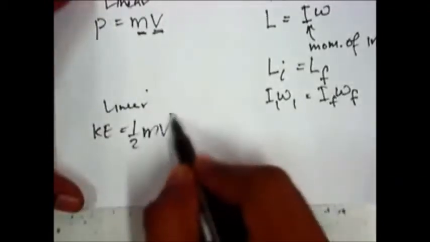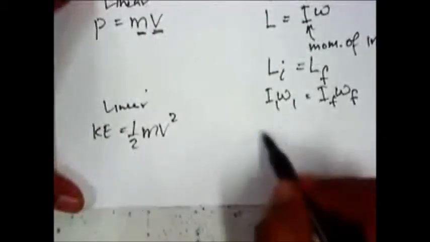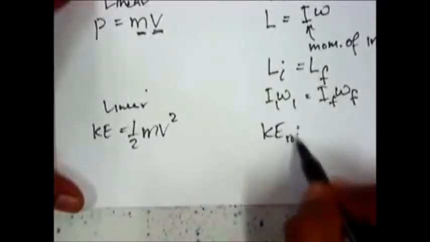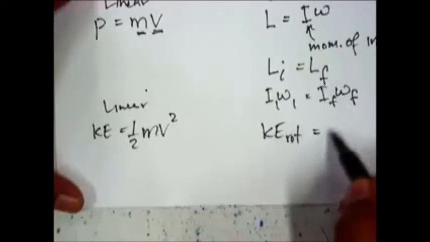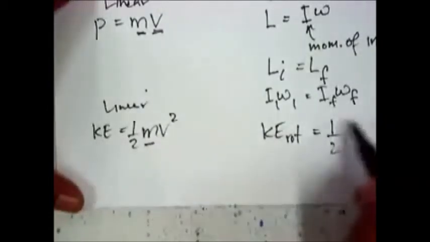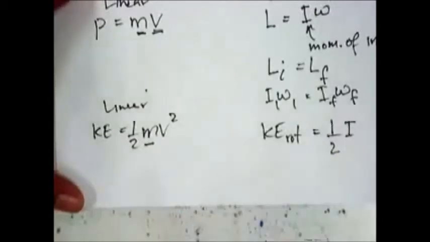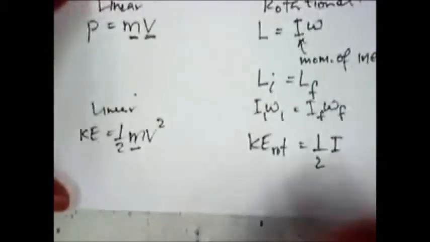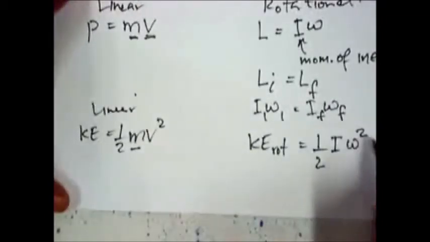So you know kinetic energy in linear is equal to half mv squared. So kinetic energy rotational is also equal to half the equivalent of mass in rotational, which is I, moment of inertia, and you'll have omega squared.